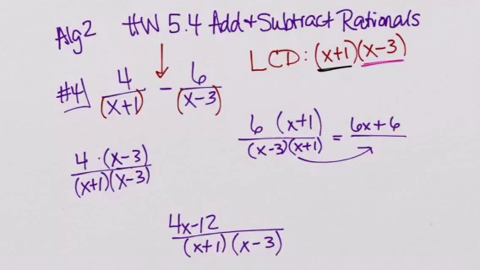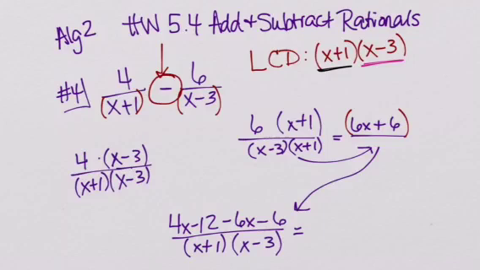Do you remember back at the beginning when we said that we needed to subtract the fractions? Everything that comes after the minus sign has to change signs. So when I write this fraction on top down here, I need to write it as minus 6x minus 6. Okay? So now I have a common denominator for everything.